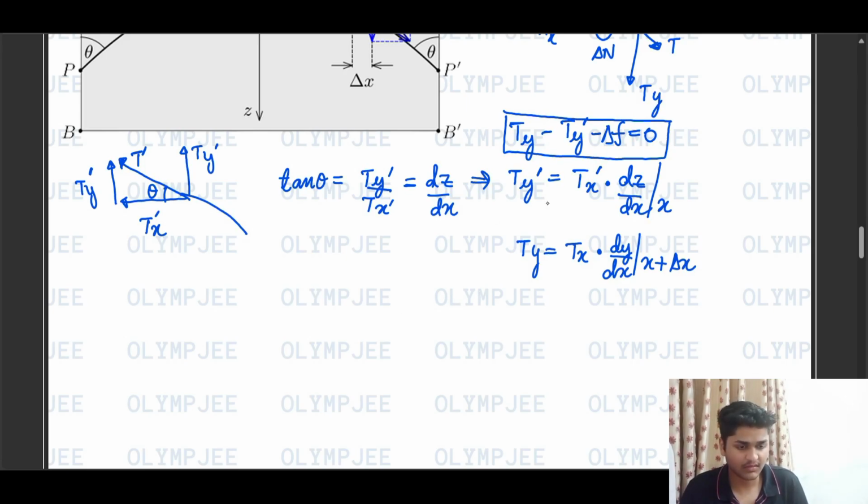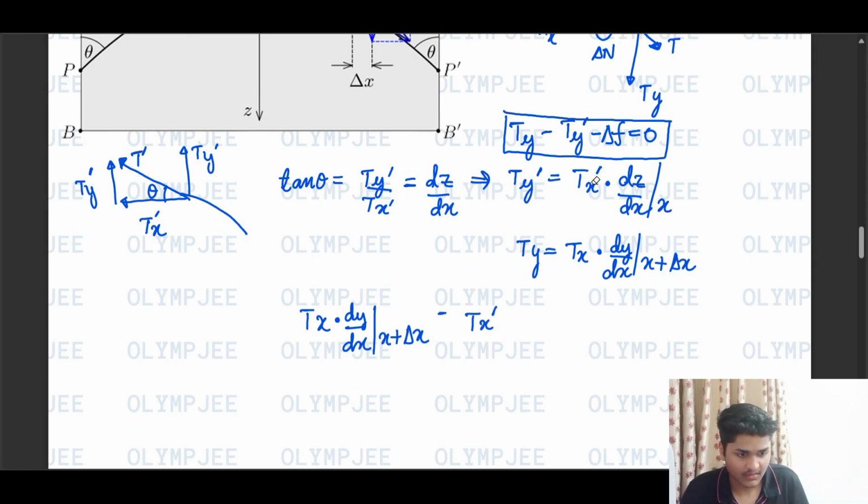So now we can substitute. So it will become Tx dot dz by dx at x plus delta x minus of Tx dash, or should I say Tx, because Tx dash and Tx are equal. Sorry, this was dz, not dy.